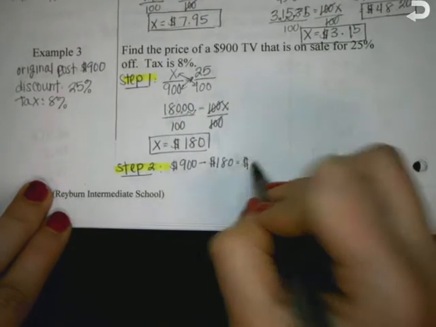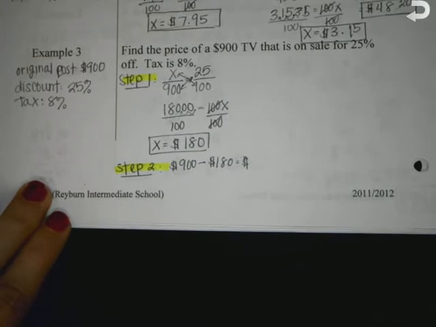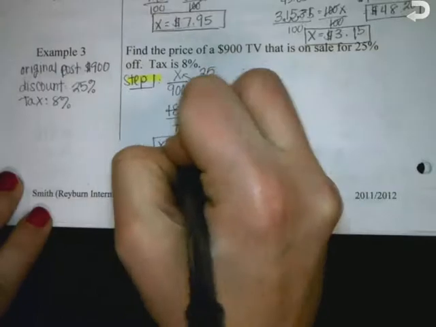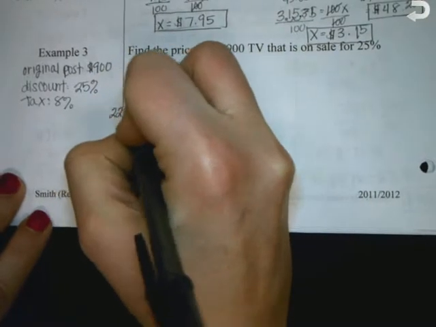It's not? Okay, so this is not correct. We have 900 times 25, which is 22,500, so only 2 zeros. Equals 100x, divide both sides by 100.